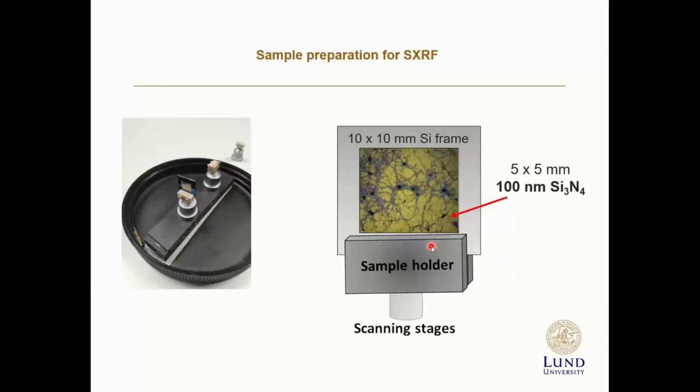This is how the sample was prepared. This is the sample frame, which in our case was 10 by 10 millimeters, with a silicon nitride window of 5 by 6 millimeters. On top of that silicon nitride, neurons were seeded and grown for 19 days. This window was used for 2 experiments.